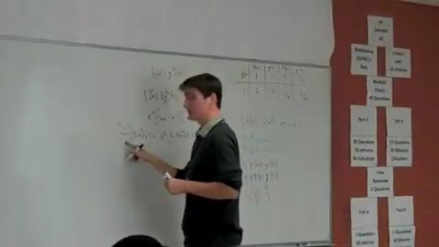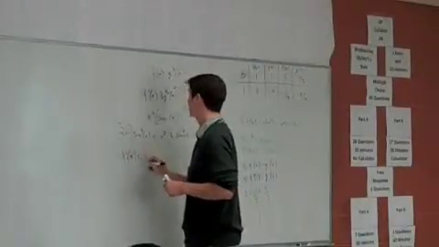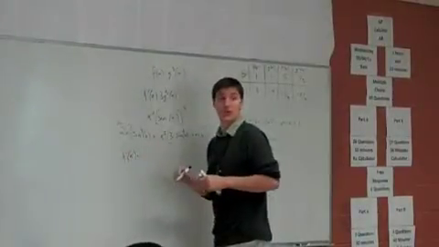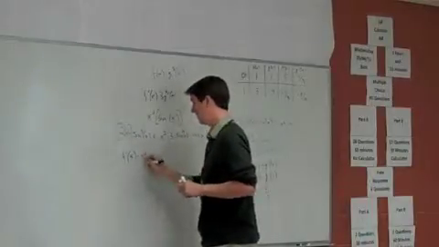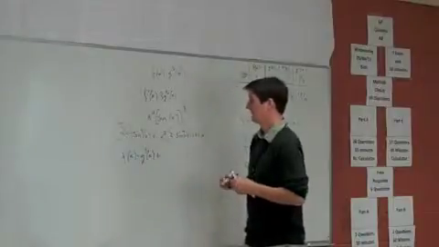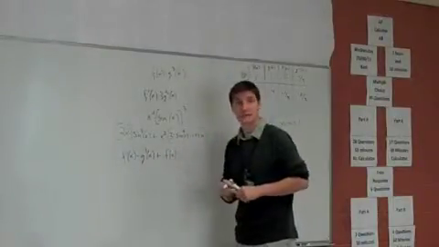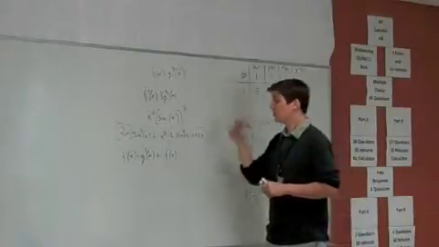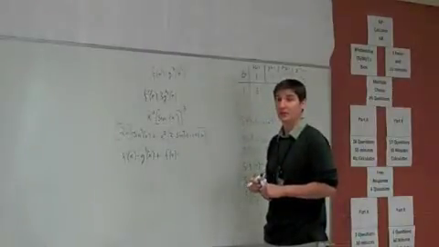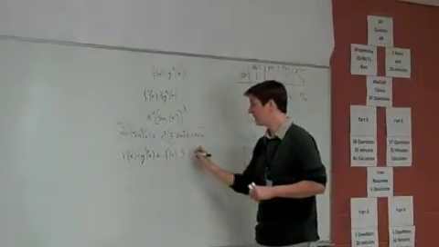It's f prime of x times g cubed of x, the first derivative times the second, plus f, the first, times the derivative of the second, which is 3.